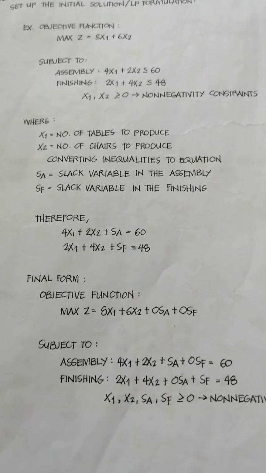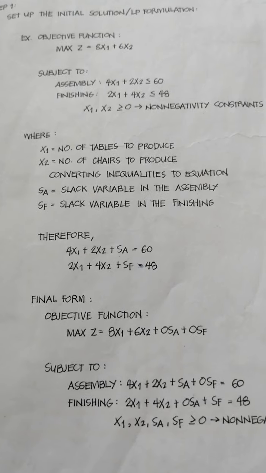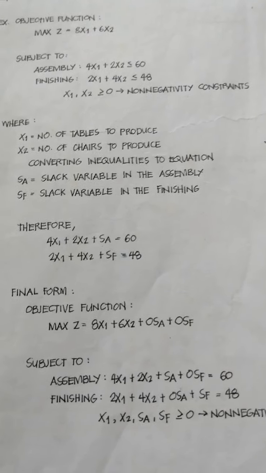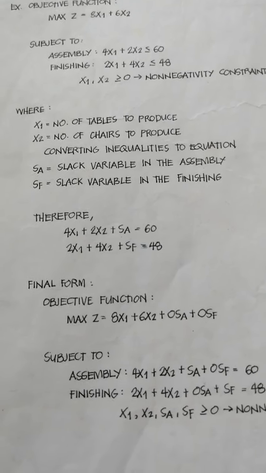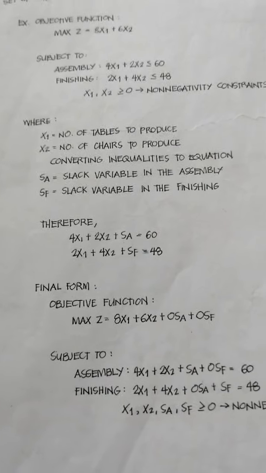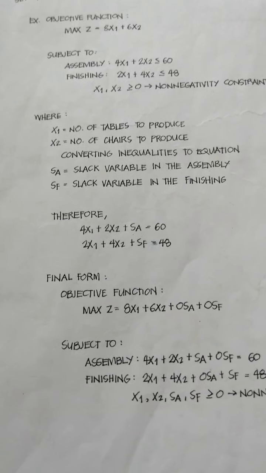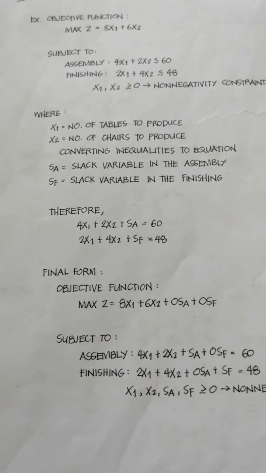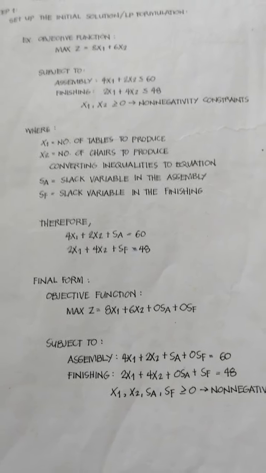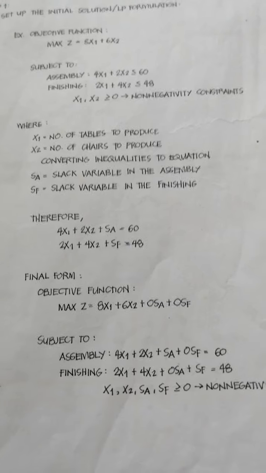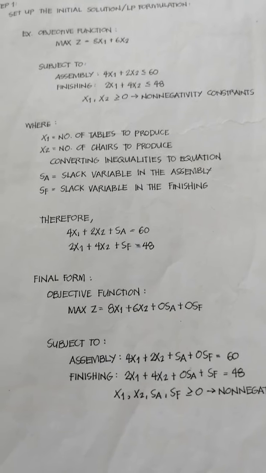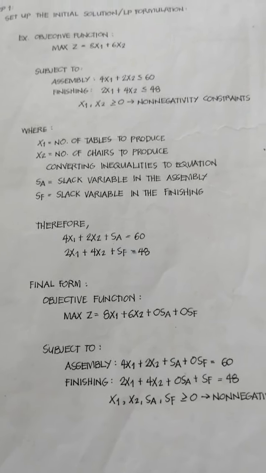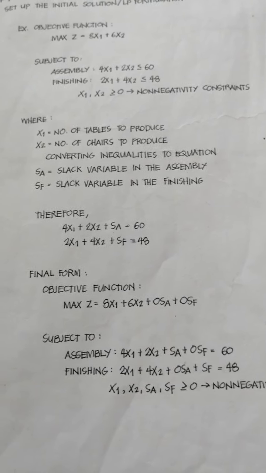So if the sign is less than or equal to, you have to add slack variables. So the slack variables depends on the number of constraints, not on the number of decision variables that you're looking. So in this case, you'll have slack variable in the assembly and slack variable in finishing.